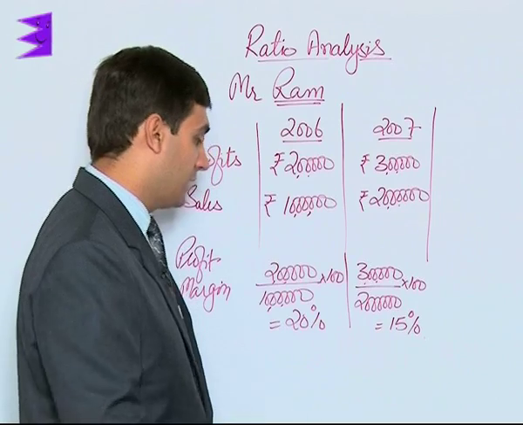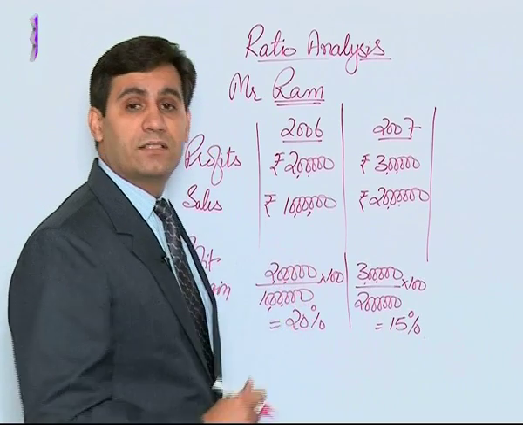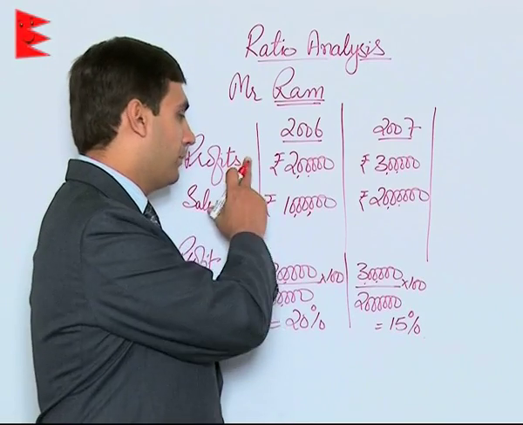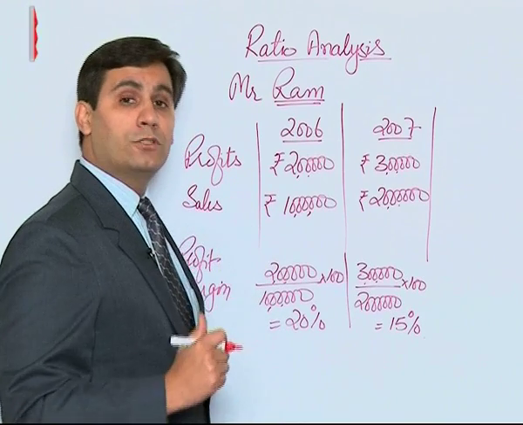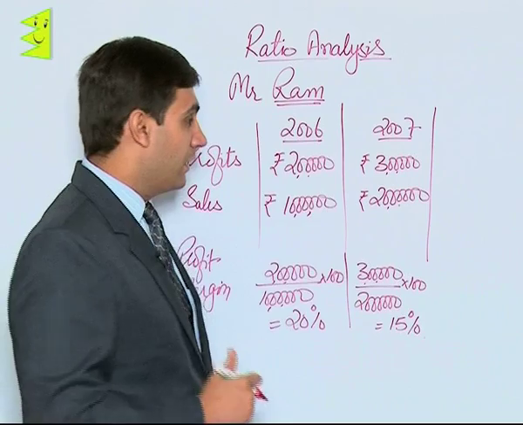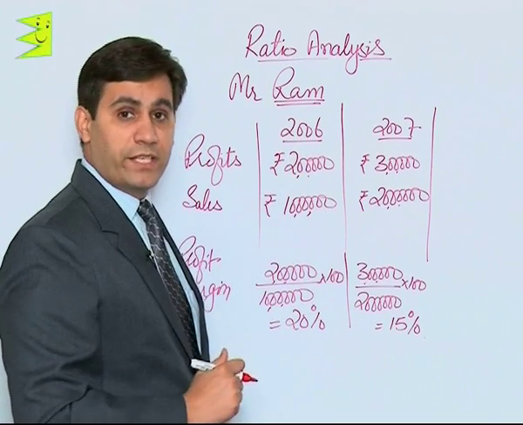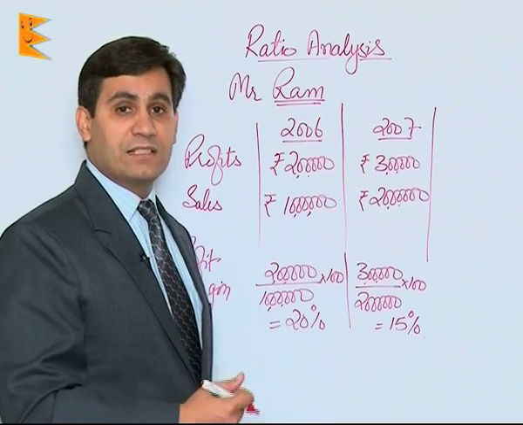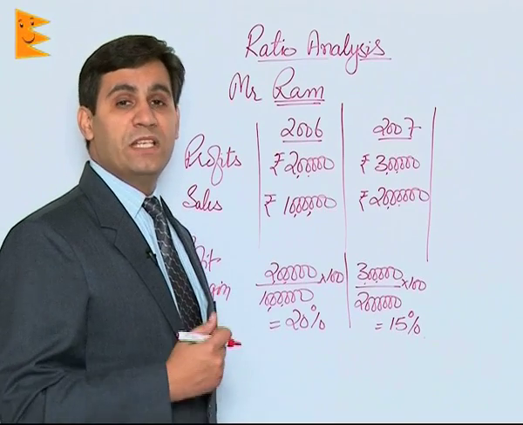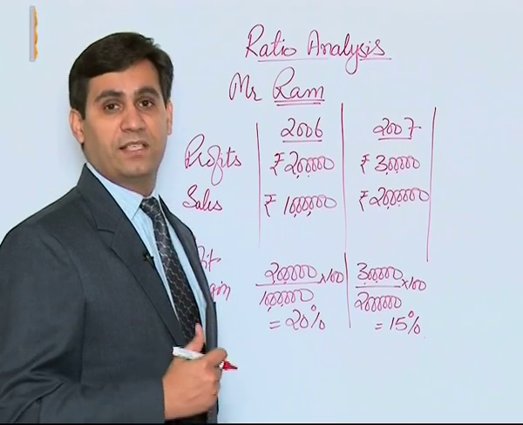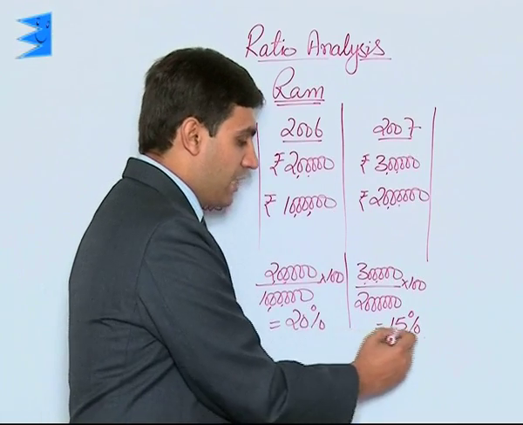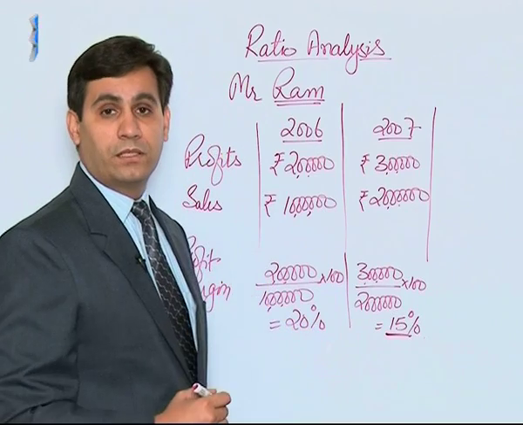So now here students, we have used ratio analysis. What we have actually done is establish a relationship between profits and sales, and through this relationship we can see that in first year, that is 2006, our profit margin was 20%. That roughly translates into 20 rupees profit on every sale of rupees 100. Whereas in second year this margin has fallen down to 15%.